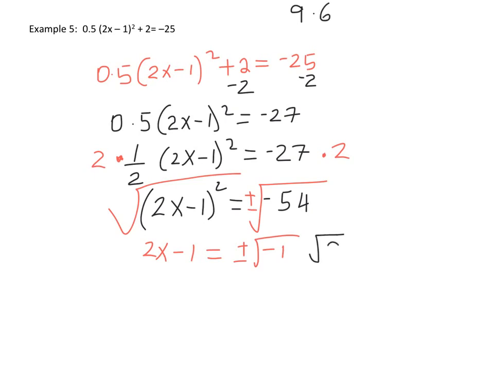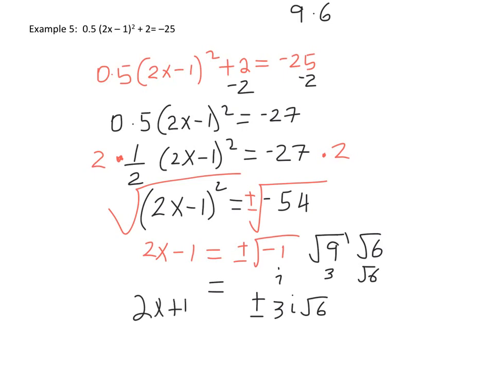So this is going to be square root of negative 1, which is i, square root of 9, which is 3, and the square root of 6. So how do I write that? This is the same as 2x minus 1 is equal to plus or minus 3i square root of 6.